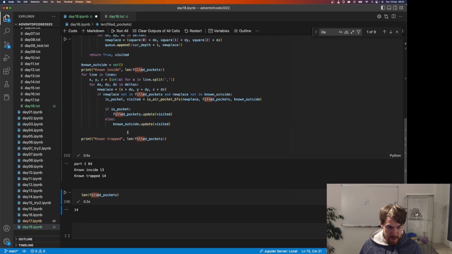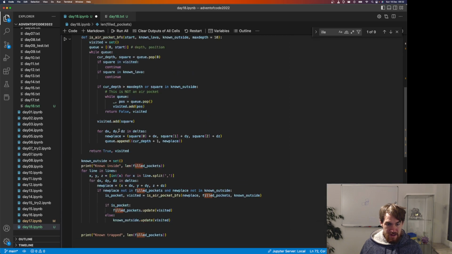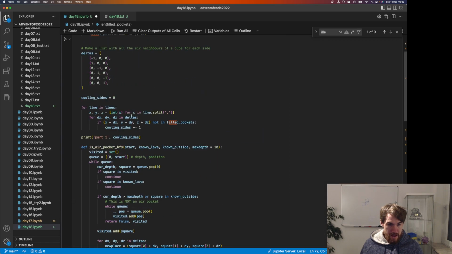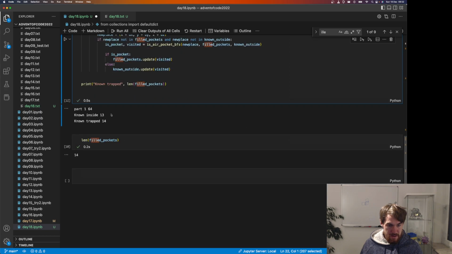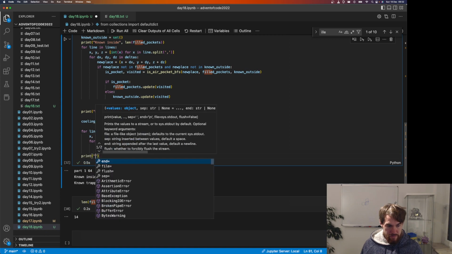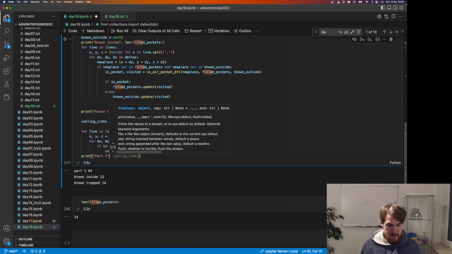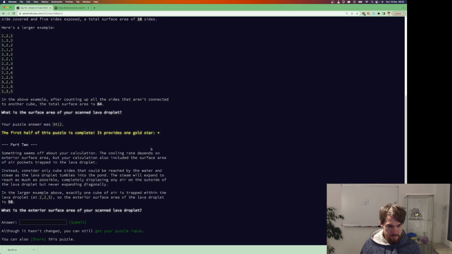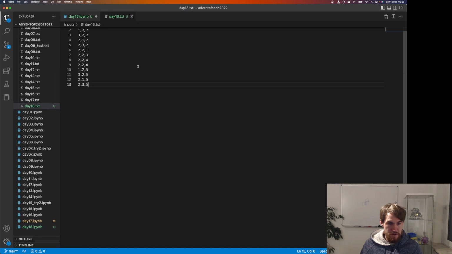Okay, so we apparently find this one pocket, which is good. And then if we want to do this again, we can just copy paste this and say sites. Yeah, there's 58, that's good.